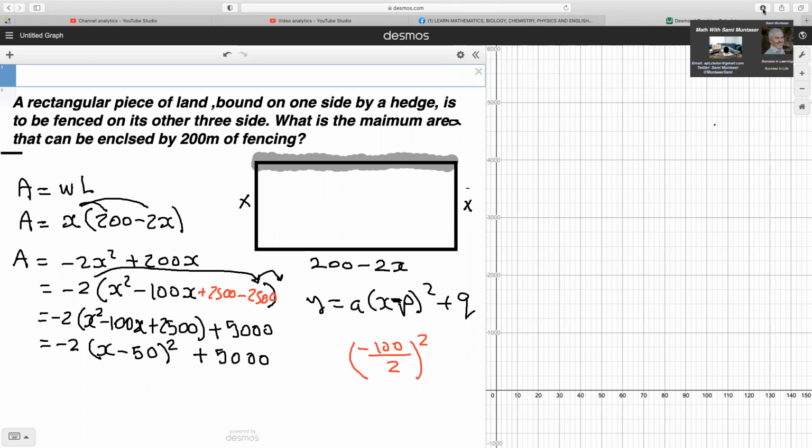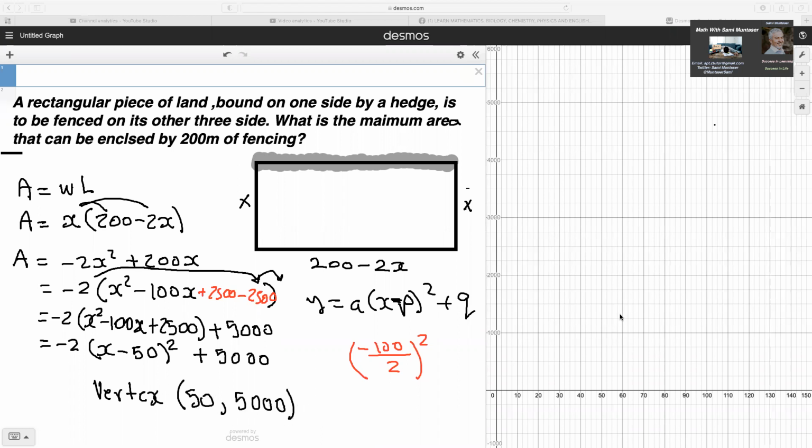My vertex will be 50 and 5,000. So 50 is right here and 5,000 is right there.